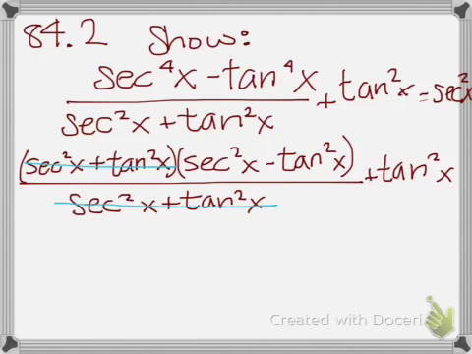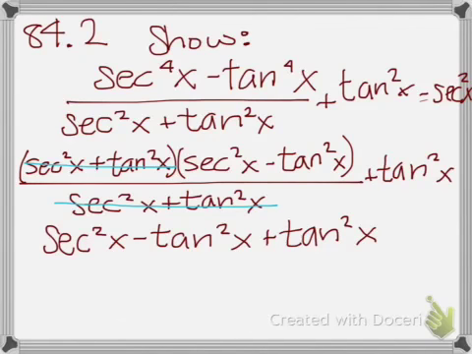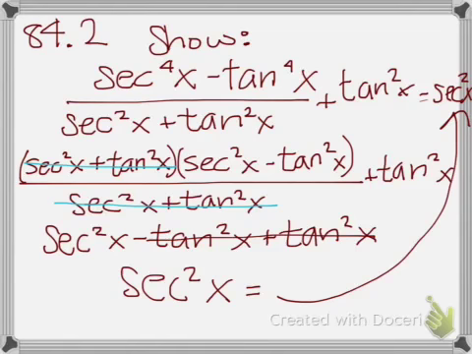So go ahead and cancel those two expressions, and then you're going to be left with secant squared x minus tangent squared x plus tangent squared x. You have two terms that you can cancel here because negative tangent squared x plus tangent squared x goes away. So we're left with secant squared x, which is what we were looking for in the first place, and so we have shown it.